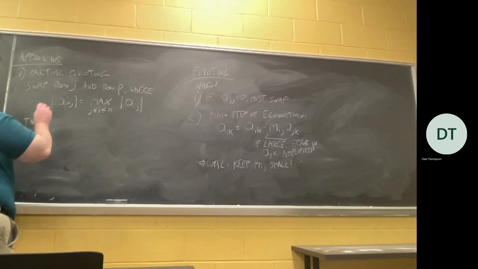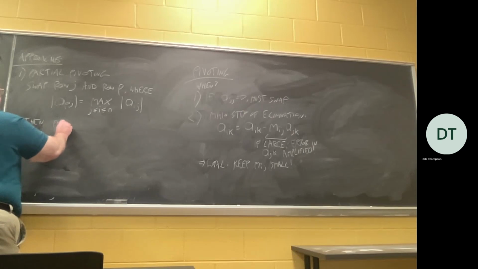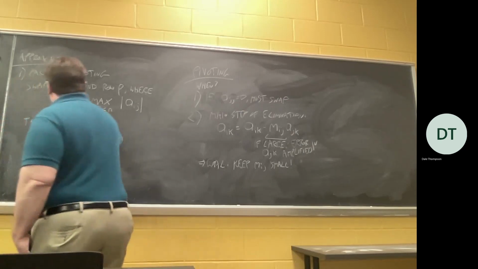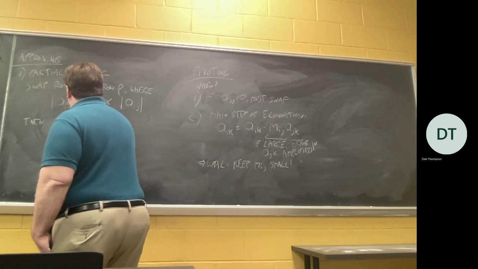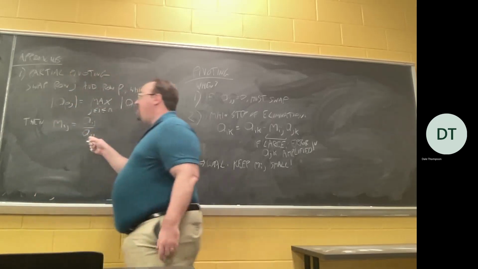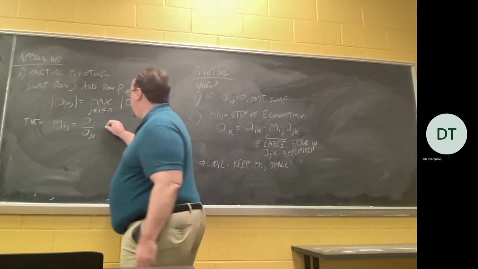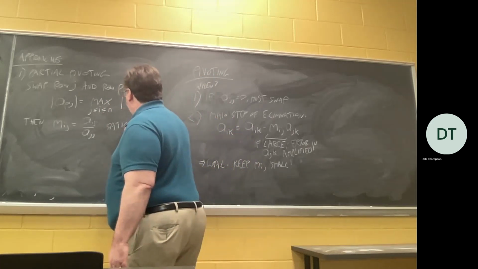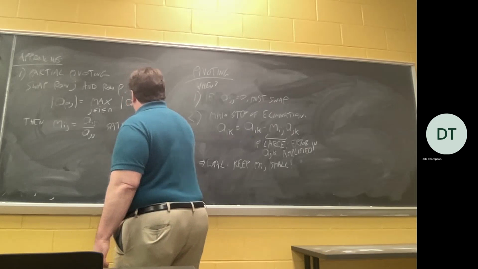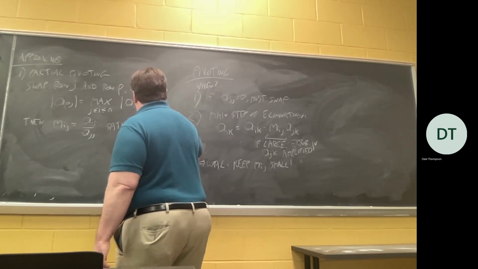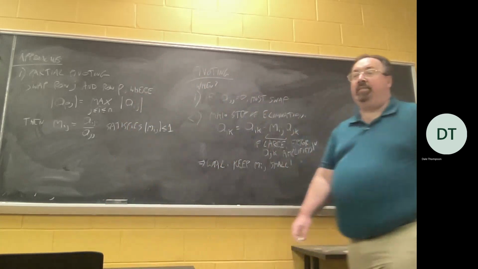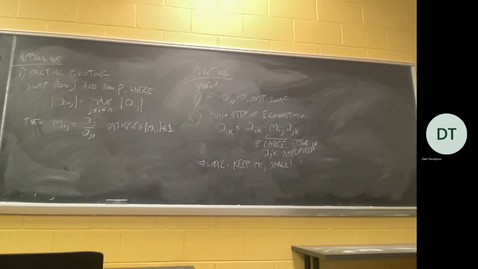Because then, after you perform the interchange, if you look at the multipliers, A_ij over A_jj, if A_jj is guaranteed to be the largest of all of these entries, that guarantees that each multiplier is at most 1 in magnitude. So at least whatever error you're propagating, you're not making it worse, and maybe you're making it a little better.